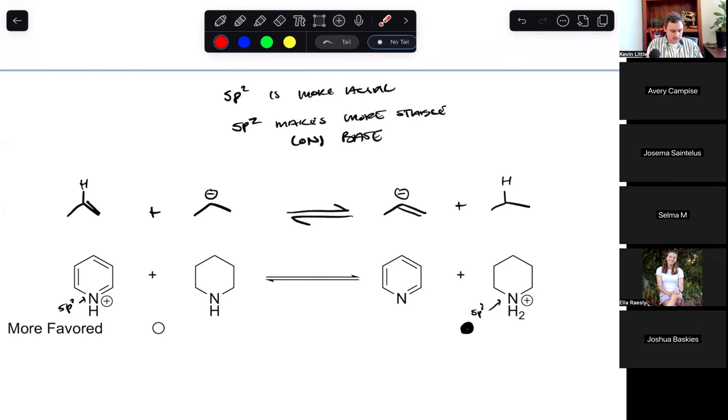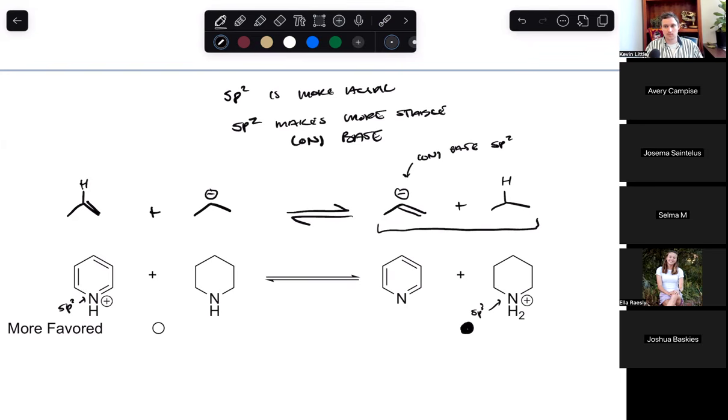The right. Why is this more stable? Because that conjugate base, the negative charge is sp2 hybridized. That conjugate base is on an sp2 carbon, right? The negative charge is on an sp2 carbon.